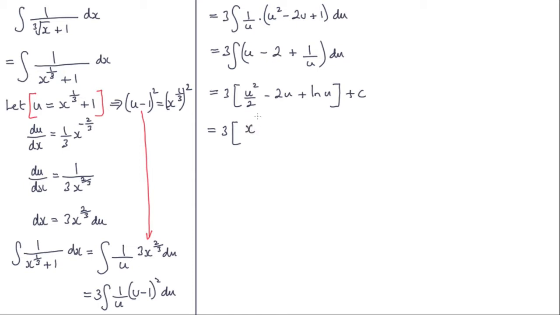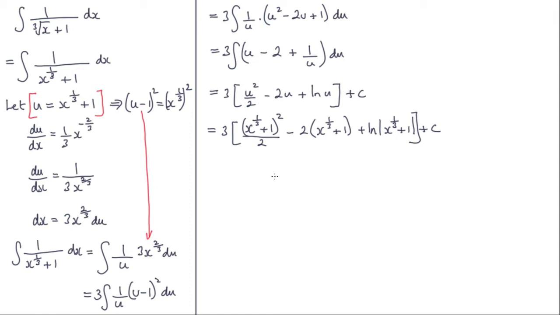So we've got x to the power of 1 over 3 plus 1, and that is squared, and that's all over 2, minus 2 times x to the 1 over 3 plus 1, plus log of x to the power of 1 over 3 plus 1, plus that constant of integration. And just let me put that other bracket in here. There we go.